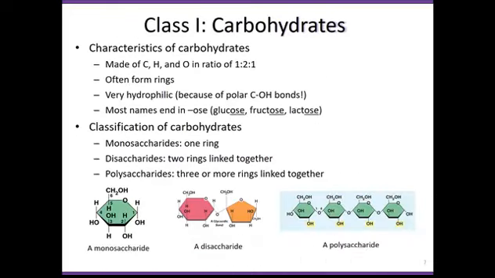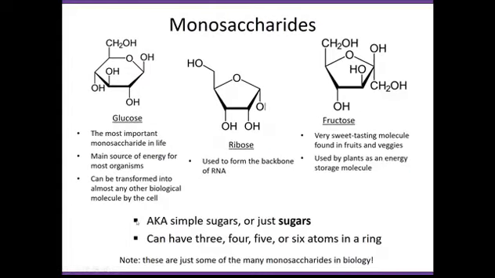Okay, so now we are taking a closer look at monosaccharides with some specific examples. So remember, monosaccharides are in this ring structure. The most important monosaccharide that we must remember is glucose. It's the most important monosaccharide in life.